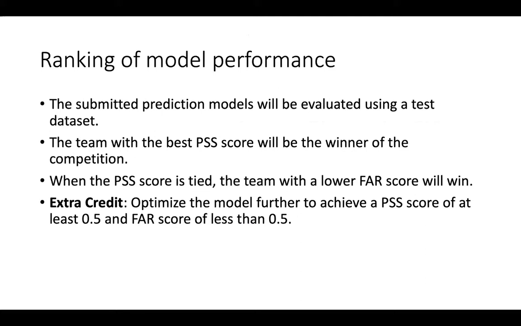But we want to point out that the Hurricane Center is particularly interested in a low false alarm ratio. So in case two teams have the same PSS score, we would favor the team with a lower false alarm ratio, because that's one thing the Hurricane Center really cares about.